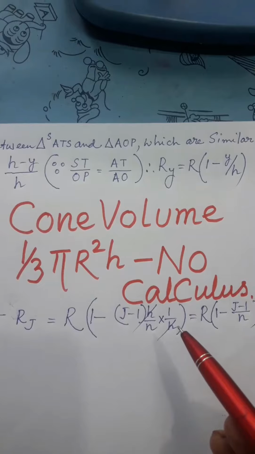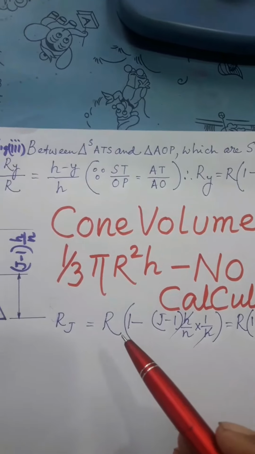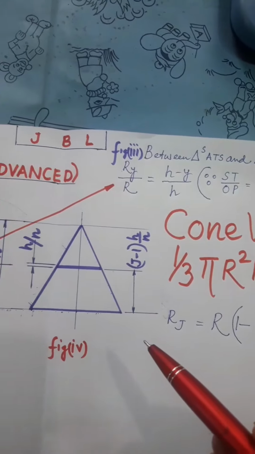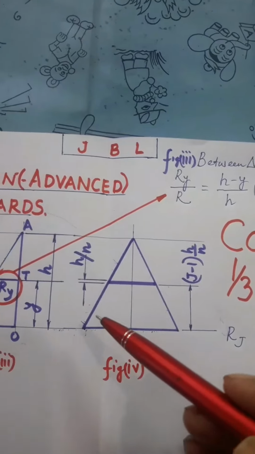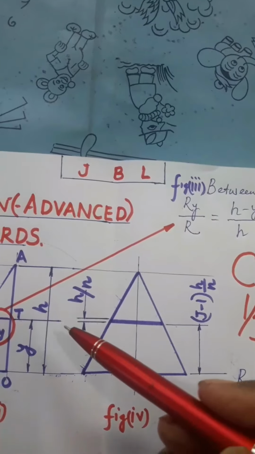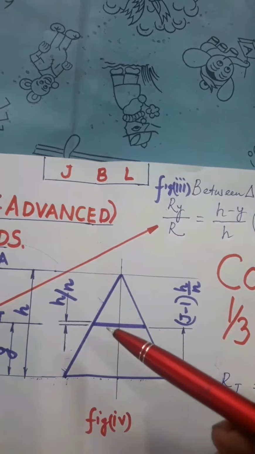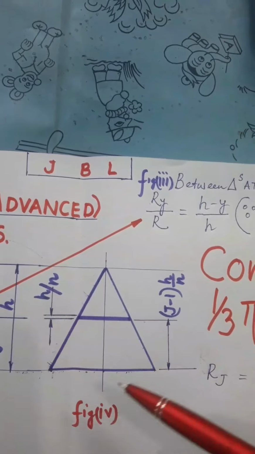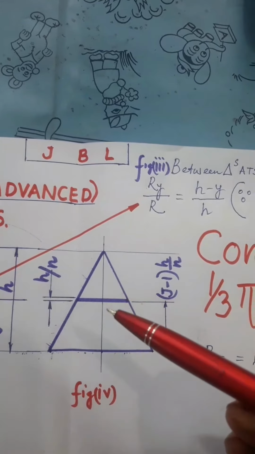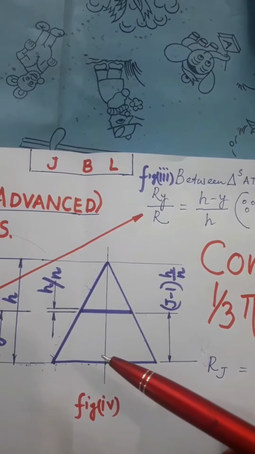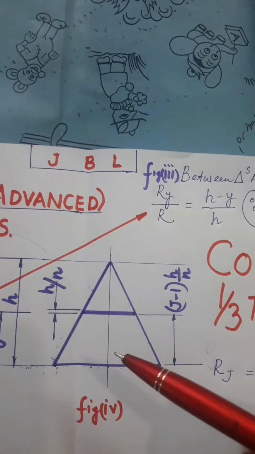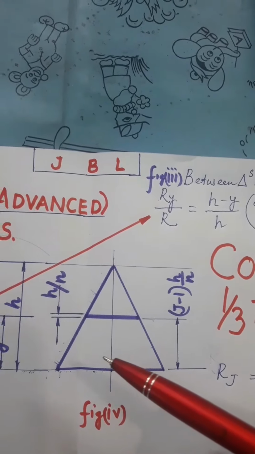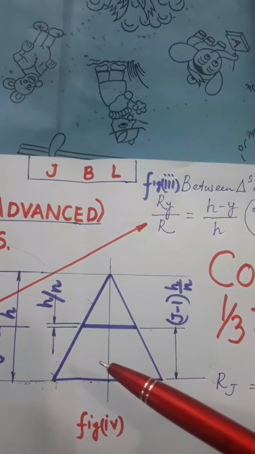Now, as a worthwhile prelude to writing this equation, we must explain the total concept. Let us conceive that the entire height small h of the right circular cone is divided into n number of very thin discs.